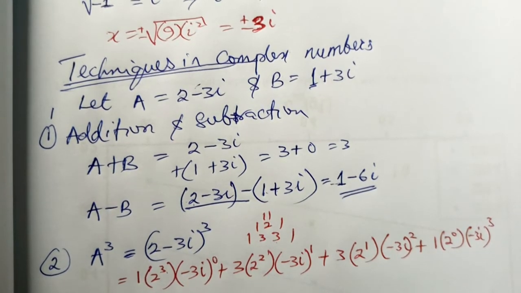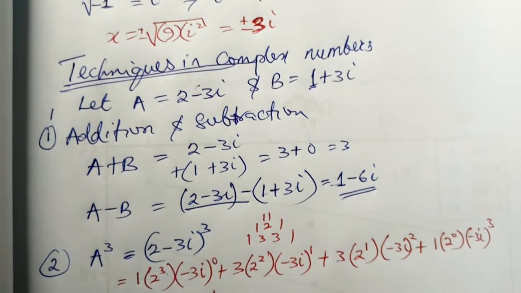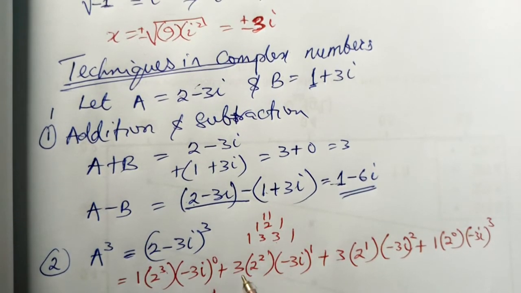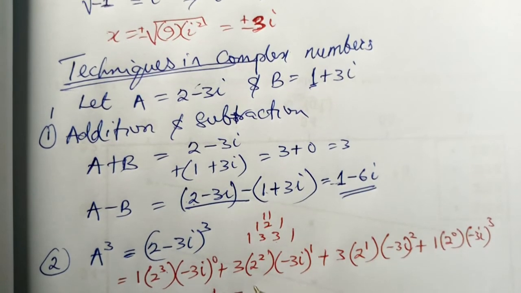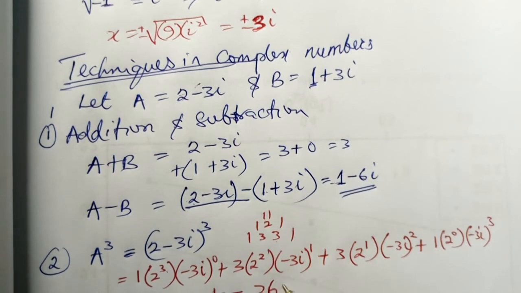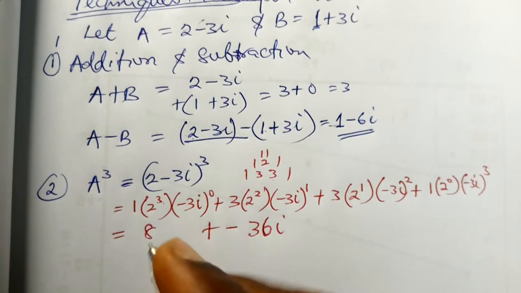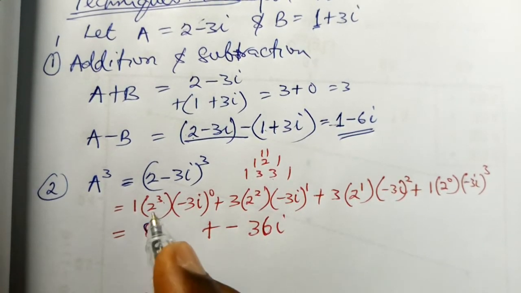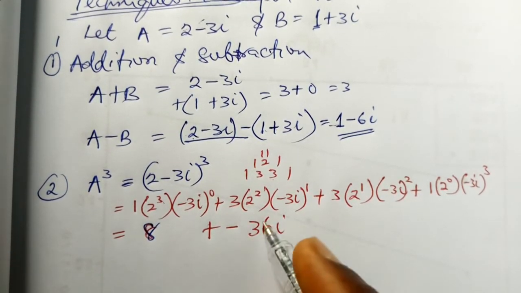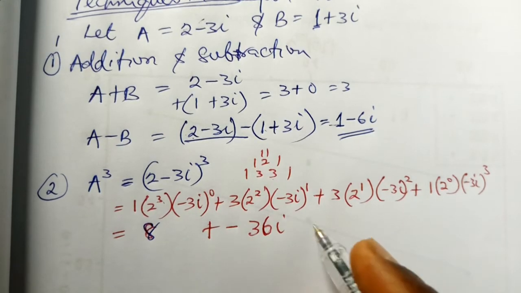So we'll have this to be 8 times 1, which is 8. Plus this one is 4 times 3, 12, times 3 is 36, so minus 36i.